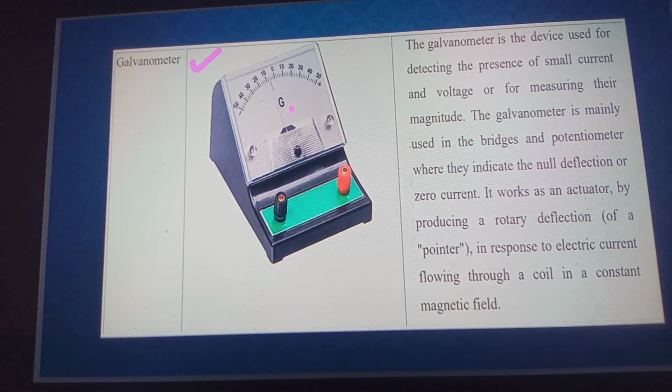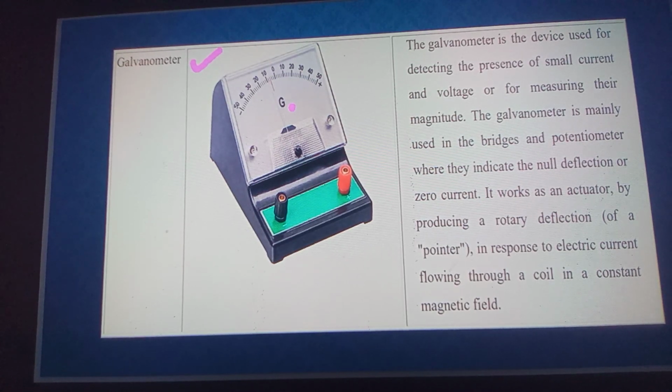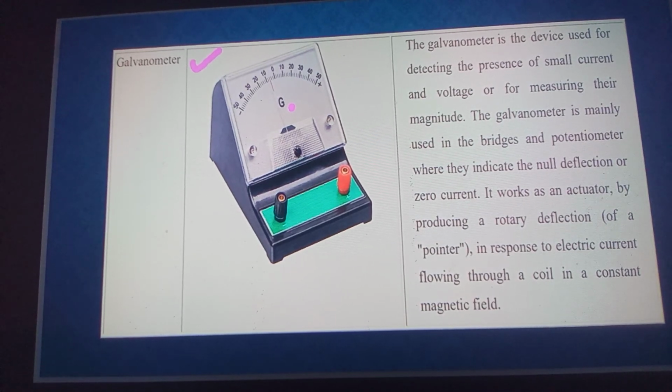But for the ammeter, there was a symbol A. For voltmeter, there was a symbol V. So the galvanometer is a device used also to detect the presence of small current and the voltage, or we can use it to measure their magnitude.